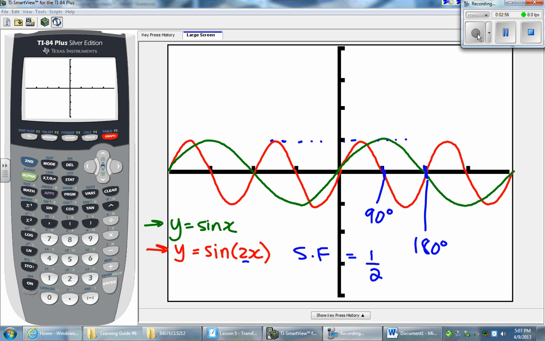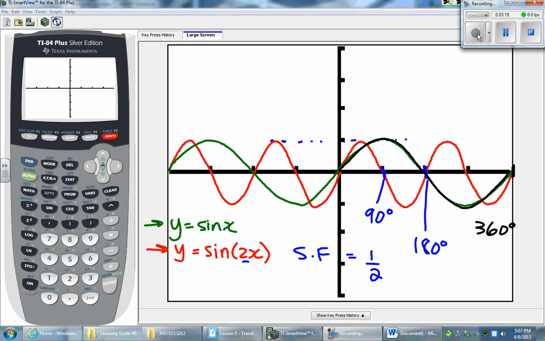It also changed one other thing. It changed the period of the original graph. If you take a look at the original graph, which is the green curve, this is a sinusoidal wave. The sinusoidal wave has a period of 360 degrees. So my period of the original function is 360.